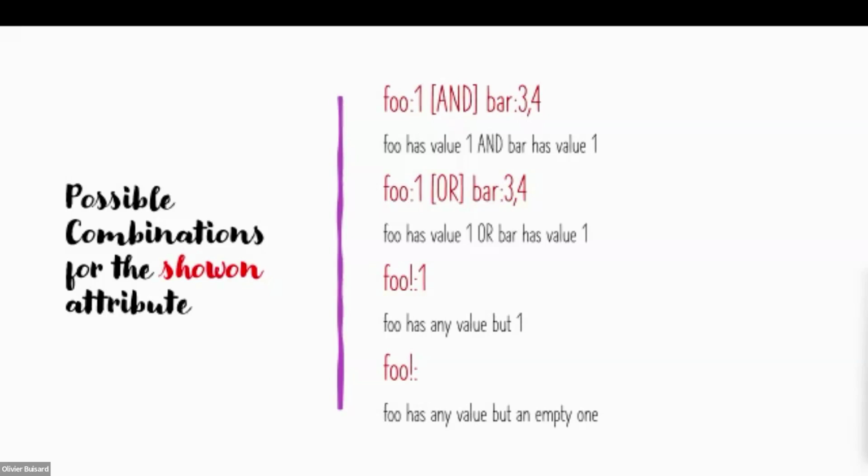You could also have a combination where the show attribute would show if foo had any value but 1, sorry. And the last one is telling that foo shouldn't have any value but an empty one. So this is not terribly complicated syntax, especially if you have a little mathematical background with and, or, and not.